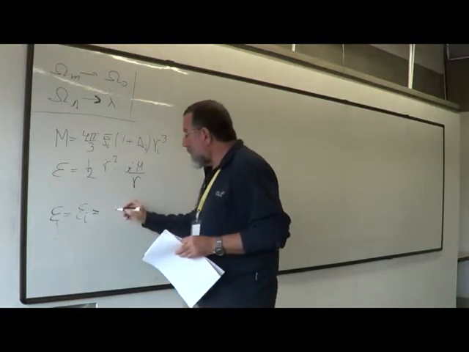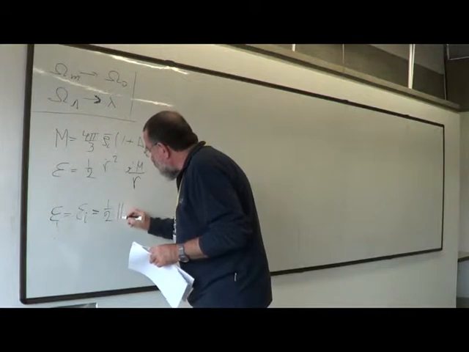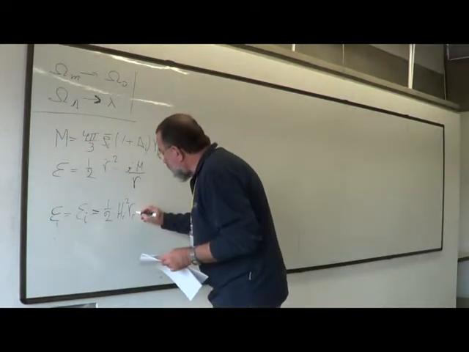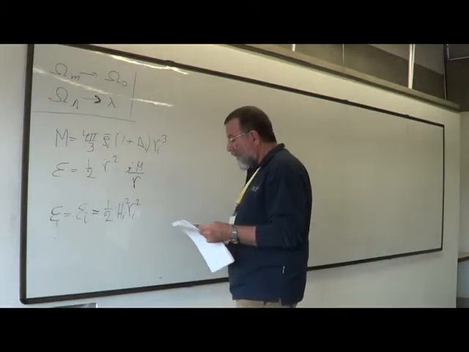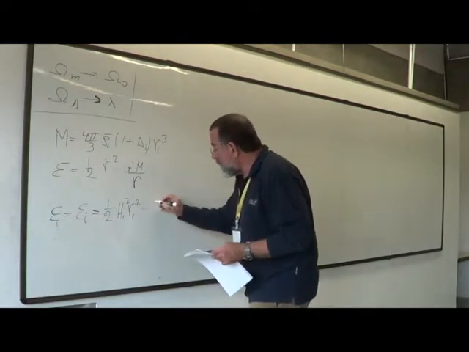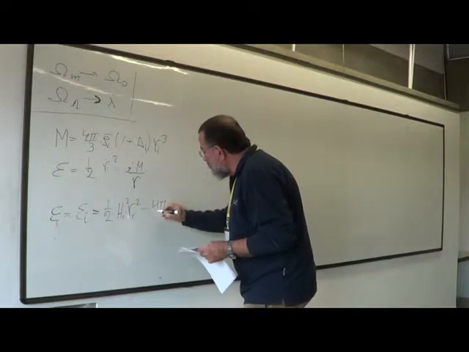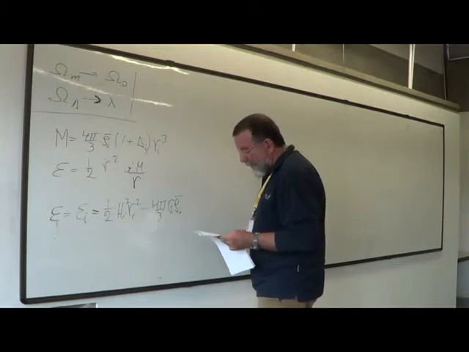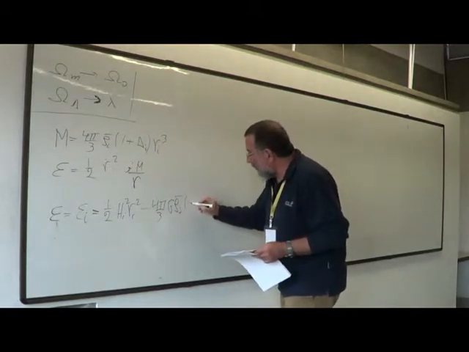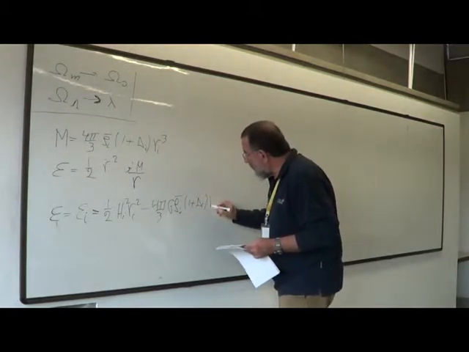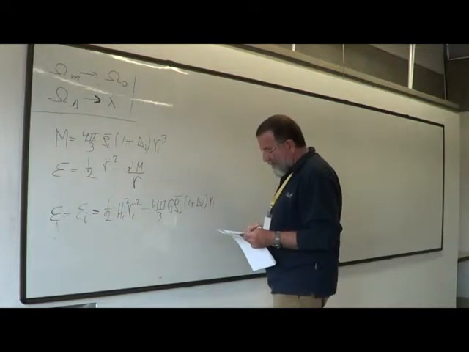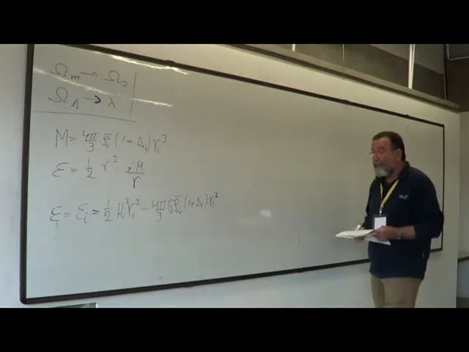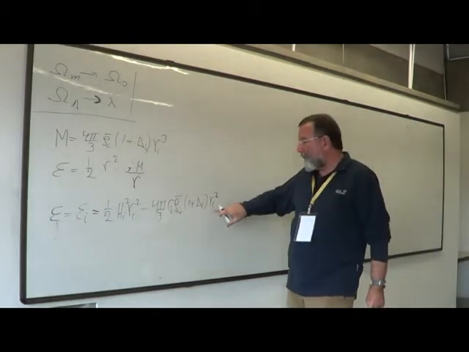So I have here half H I squared times R I squared minus 4 pi over 3 times G rho I bar times 1 plus delta I times R I squared.